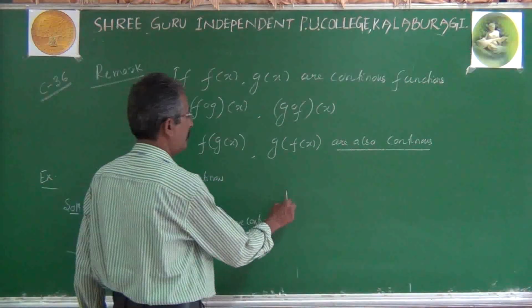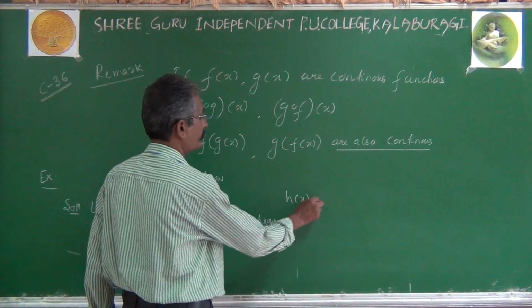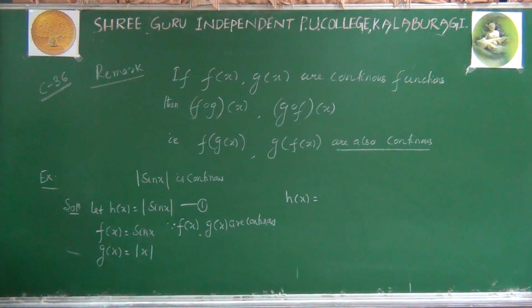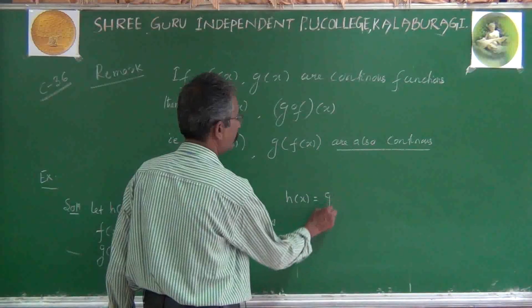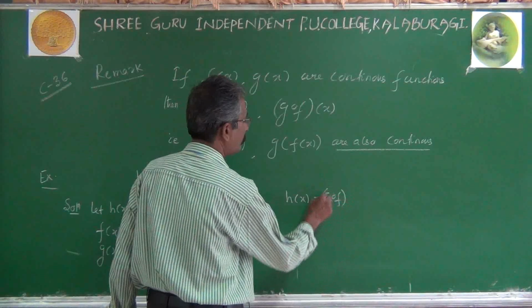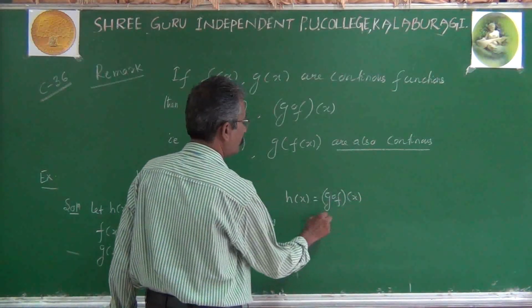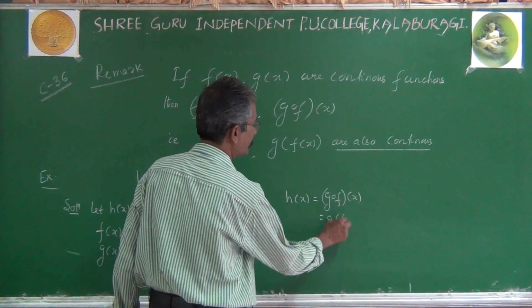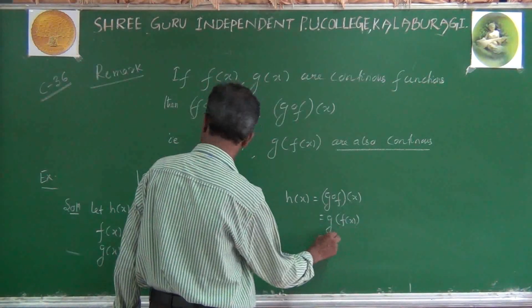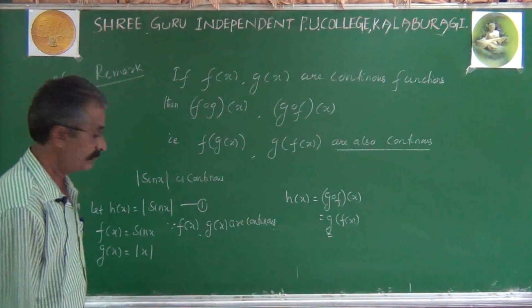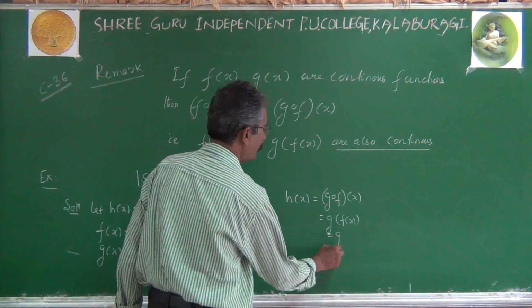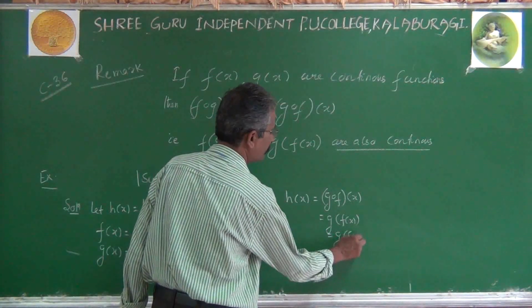Now consider h of x equal to g o f of x, that is g of f of x. G of, what is f of x? Sin x.